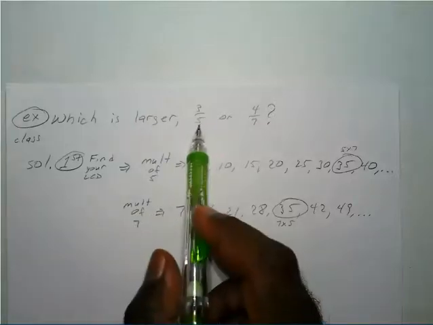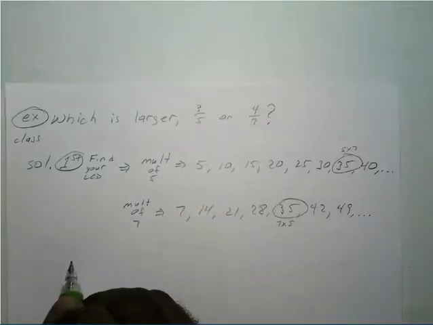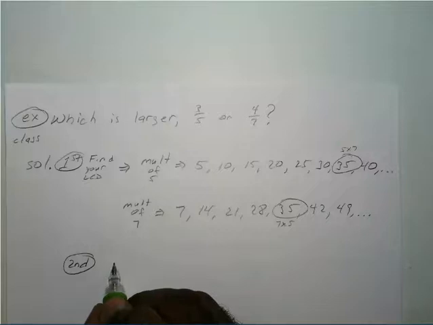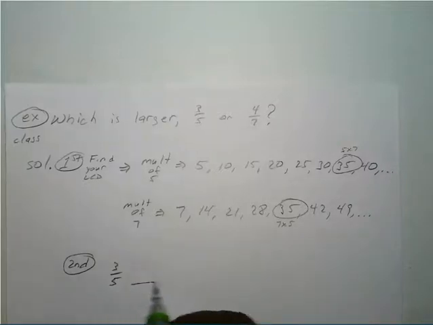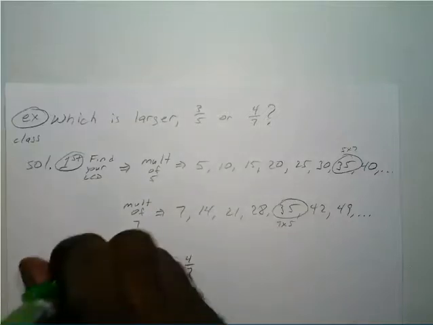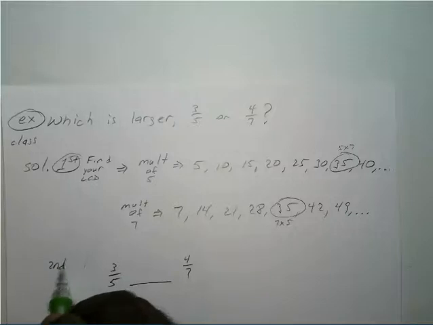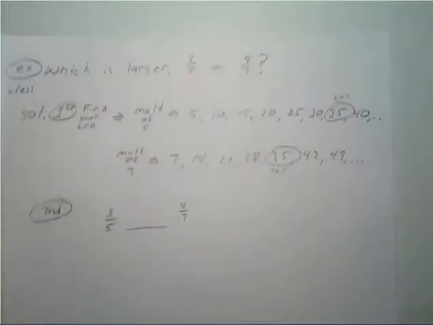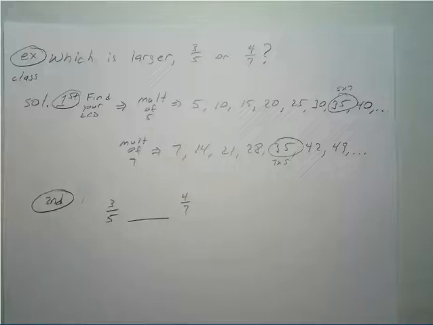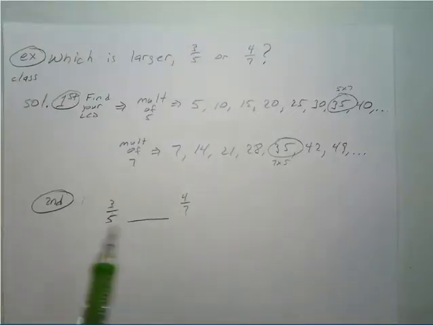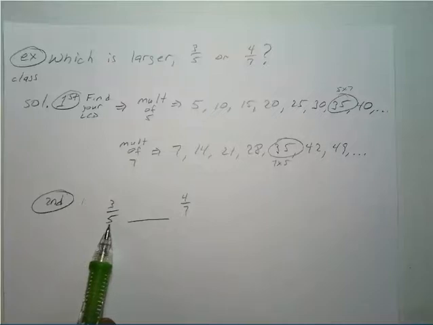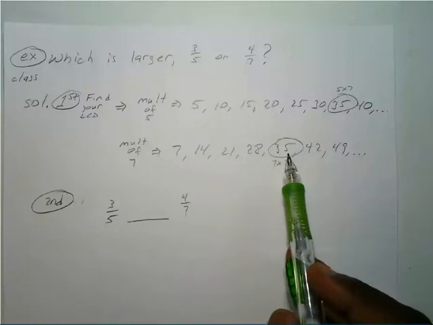All right, so now we get our fractions. We have 3 over 5, and we have 4 over 7. Let me move this over just a little bit. All right, so now we want to turn 3 over 5, we want that 5 to have a denominator of 35, and we want this 4 over 7 to have a denominator of 35.